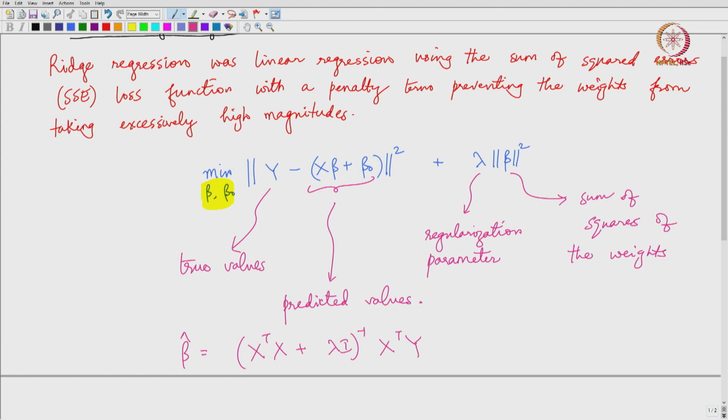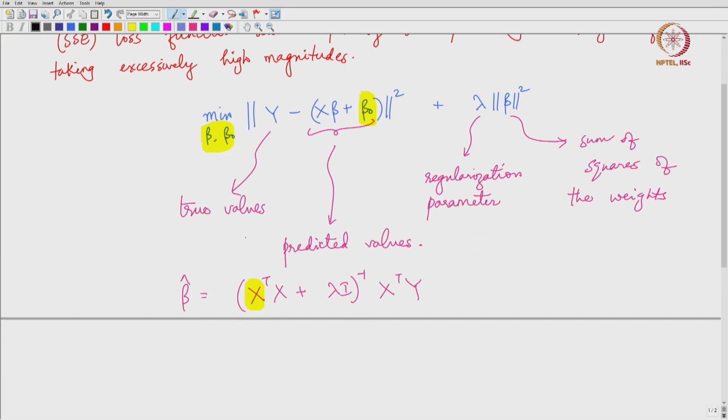Here of course I am assuming that this X matrix also has a column of 1s, a feature that is 1 for all data points. That will account for this constant term beta naught here. So you can change the data matrix accordingly to add a constant into the model by having a vector of 1s, a 1 for every data point. Okay, so this was the analytical solution.